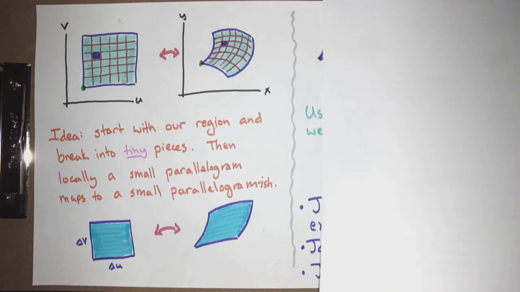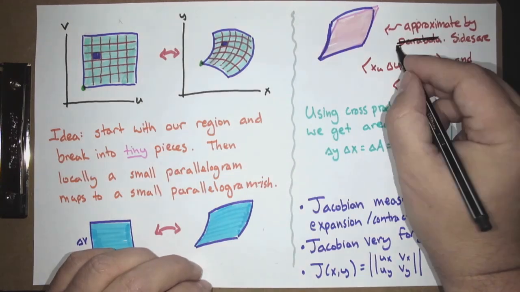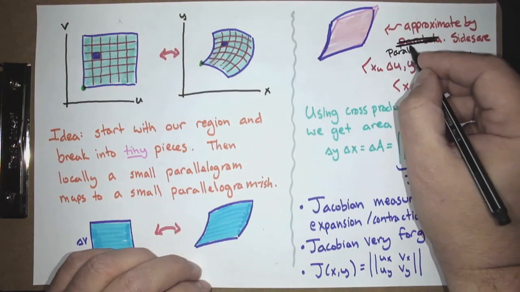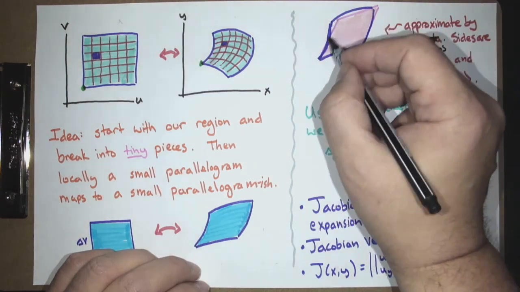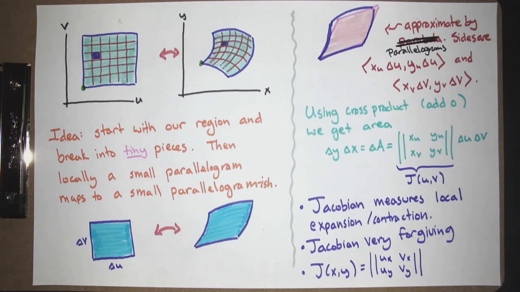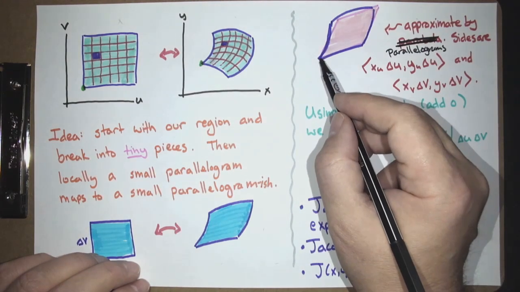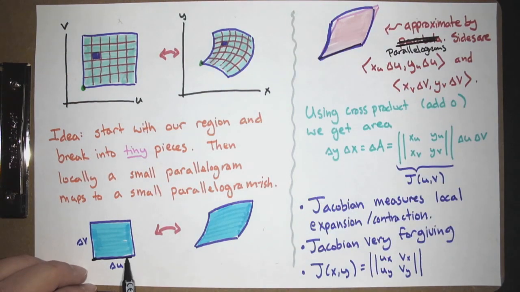Well, as I said, it's parallelogram-ish. And, whoops, why did I say parabola? Typo here. We're going to approximate by a parallelogram. So we have our shape, and we say it's very much like a parallelogram. Now, what can we say? If I want to understand the side here, it's coming from this side here.